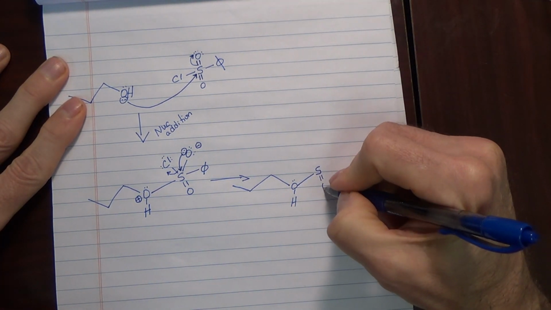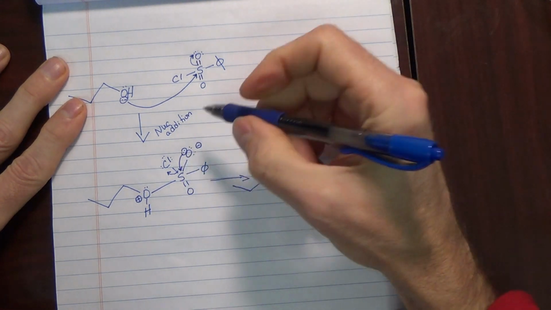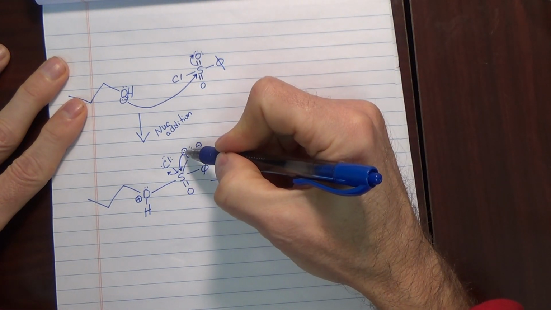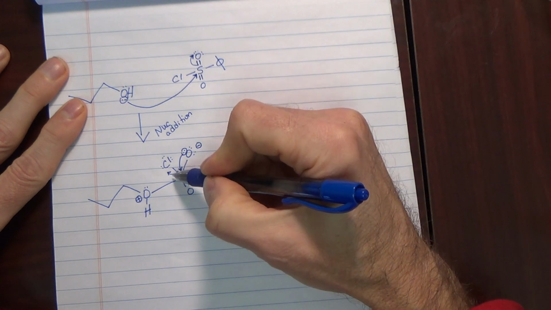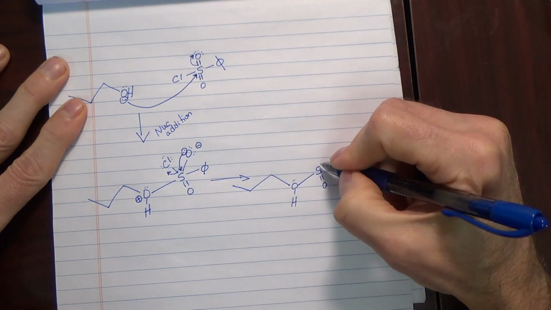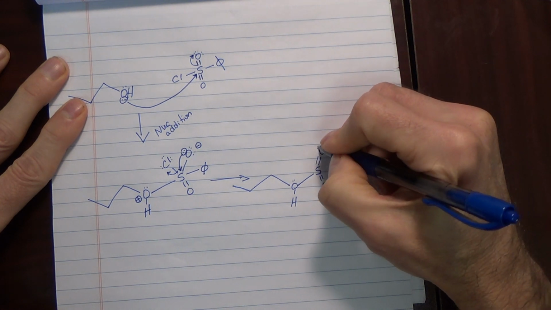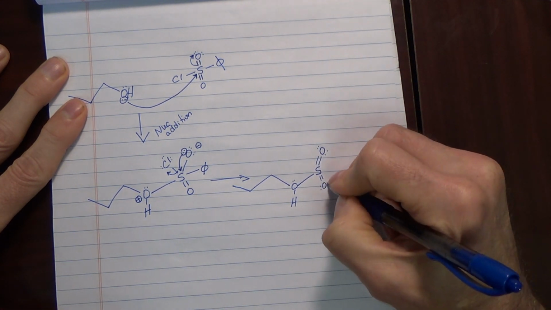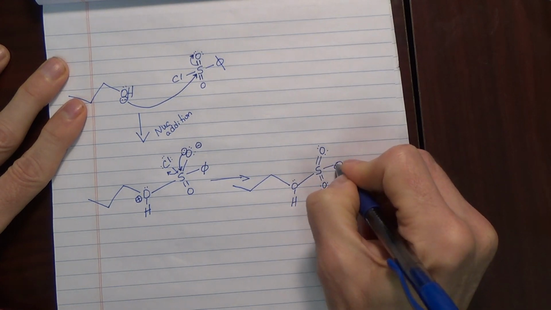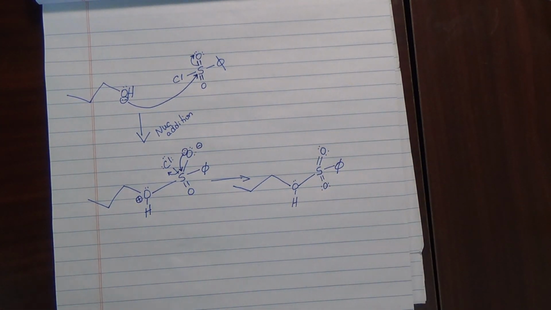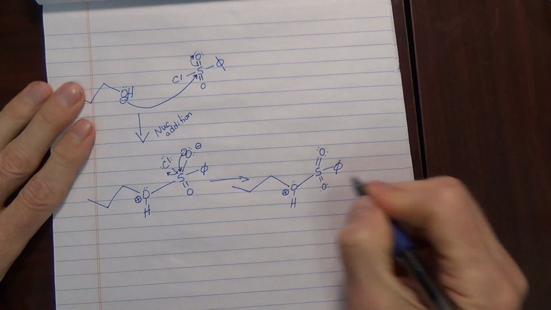Now we got this double bond here, but now what did we do here? Lone pair moved in and made pi bond, kicked off a leaving group. Now we have double bond to oxygen there. Okay, 2 lone pairs, and we have the toluene ring. And this oxygen over here is positive.